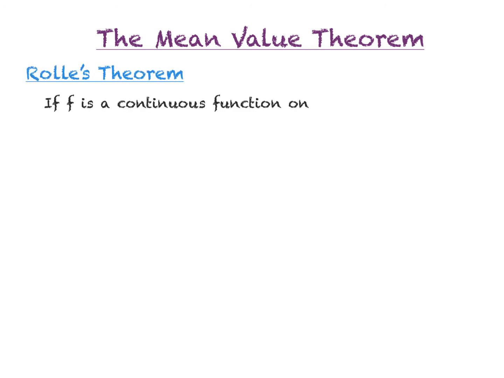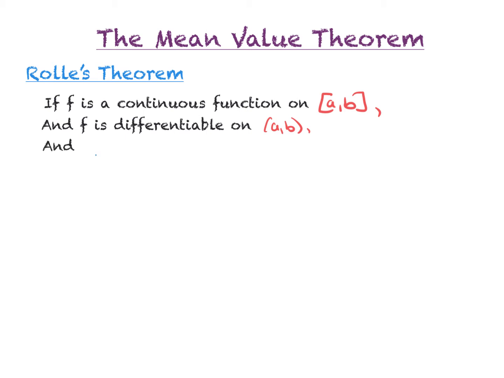Rolle's theorem says if f is a continuous function on the closed interval from a to b, and f is differentiable on the open interval from a to b. Remember, by the way, differentiable means that the derivative exists. And finally, that f of a is equal to f of b.